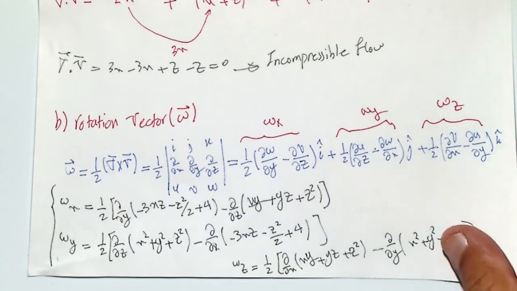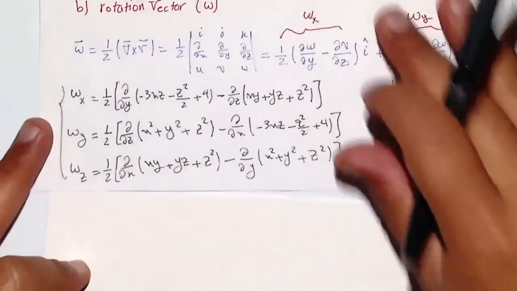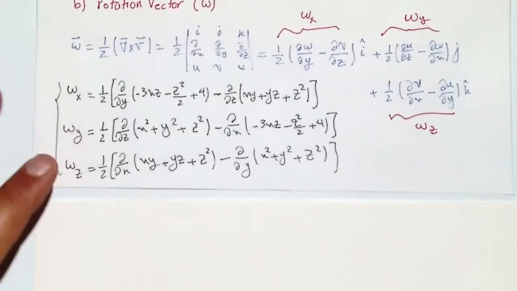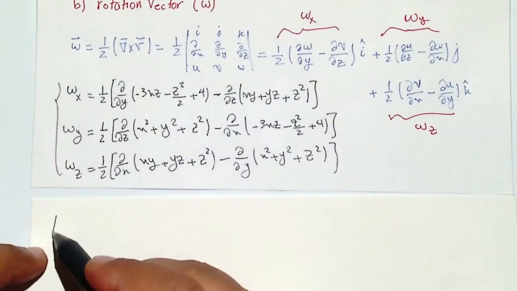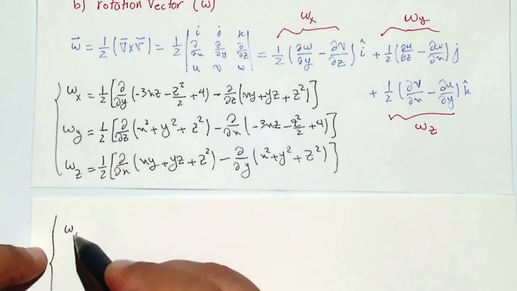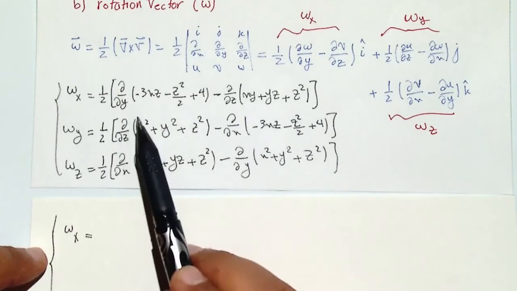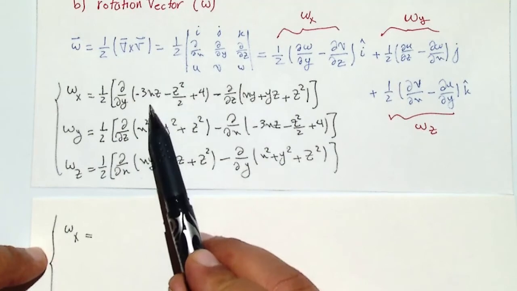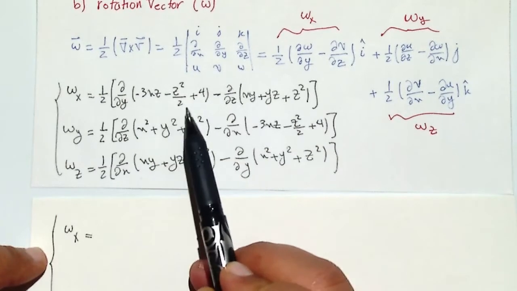Okay, so if I want to finalize the answer and find the equation, omega x is equal to: this is going to be 0, the second one is 0, and the third one is 0.